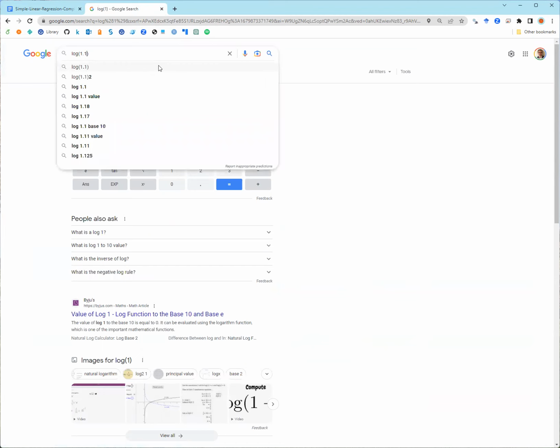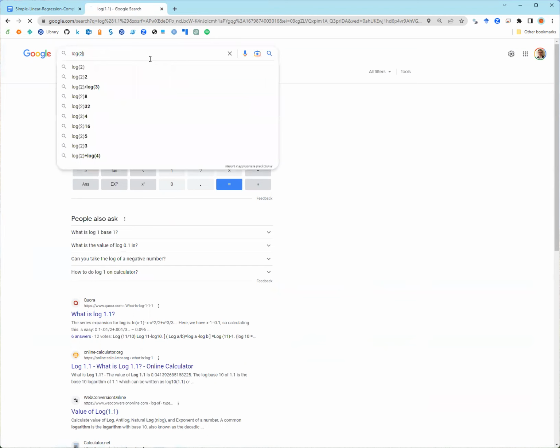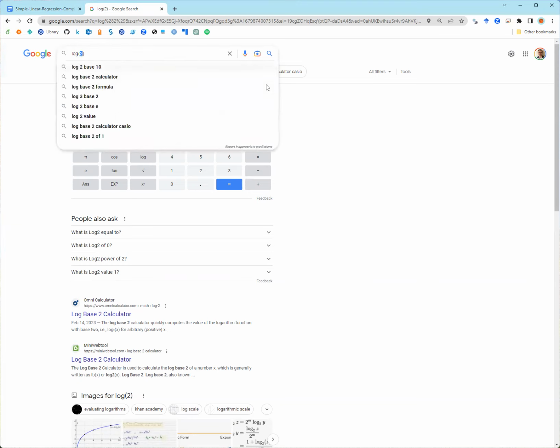The log of 1.1 is 0.04, and log of 2 is 0.3. And log has this nice property that if x1 is bigger than x2, then log of x1 is always bigger than log of x2.